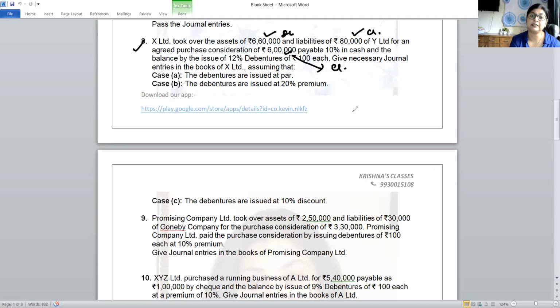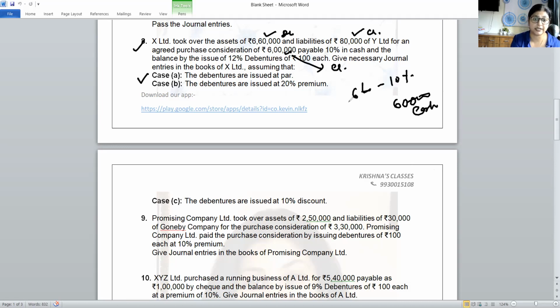Now it says payable 10% in cash. So we are not paying the entire amount through debentures only. We are paying 10% of the purchase consideration in cash. So out of 6 lakh rupees, 10% means 60,000 will be paid in cash, and the rest will be paid through issue of debentures. There are three cases given over here.